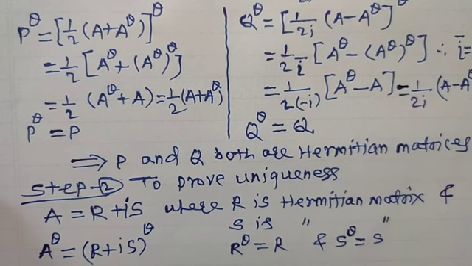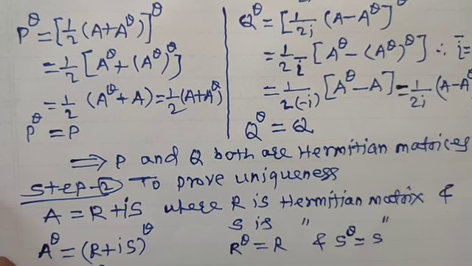Okay. Conjugate transpose of R is R theta plus conjugate transpose of I, that is conjugate of I, and S theta. Okay.